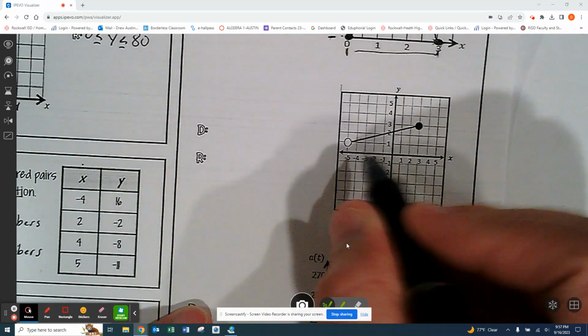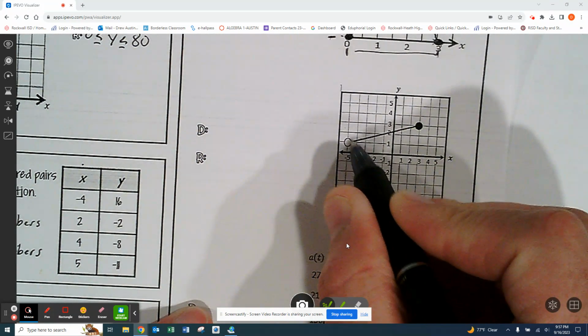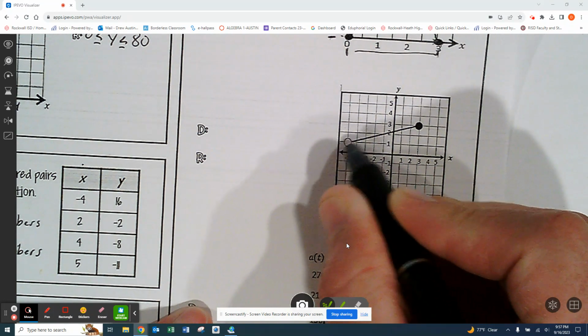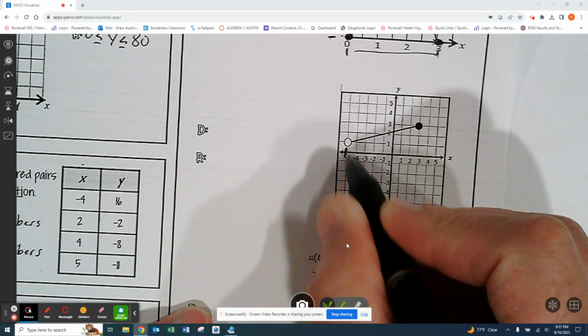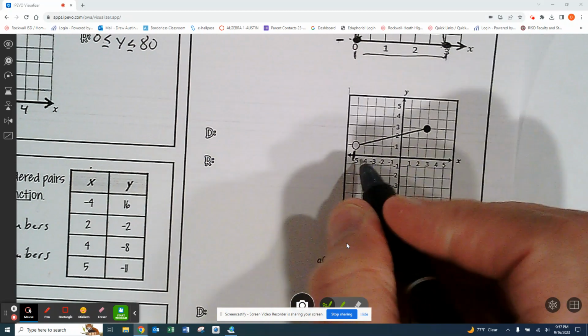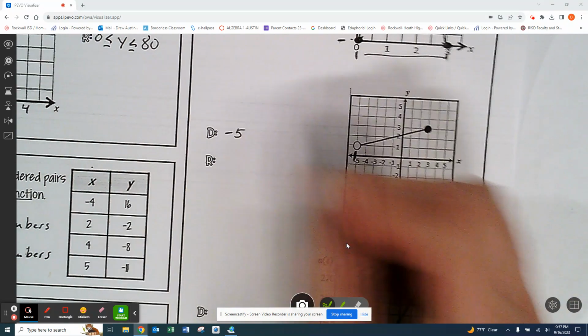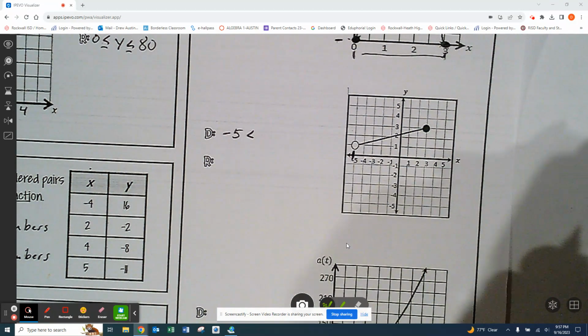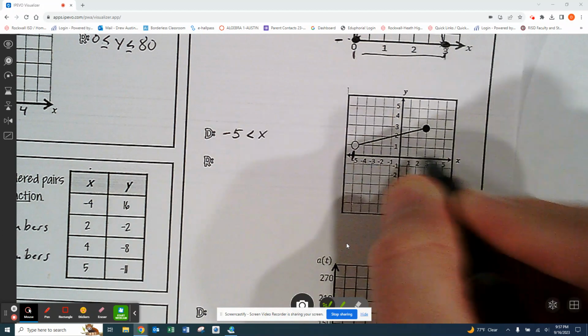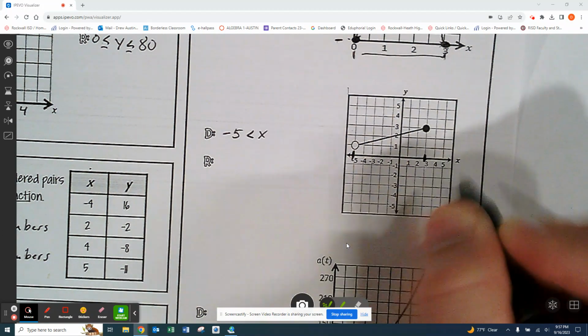Now this one's a little bit tricky because this is an open circle. So because the circle is open, I do not include it. So my domain, my x value, starts way over here at -5. It is strictly less than, not less than equal to, x, and stretches all the way over to here, which is 3.